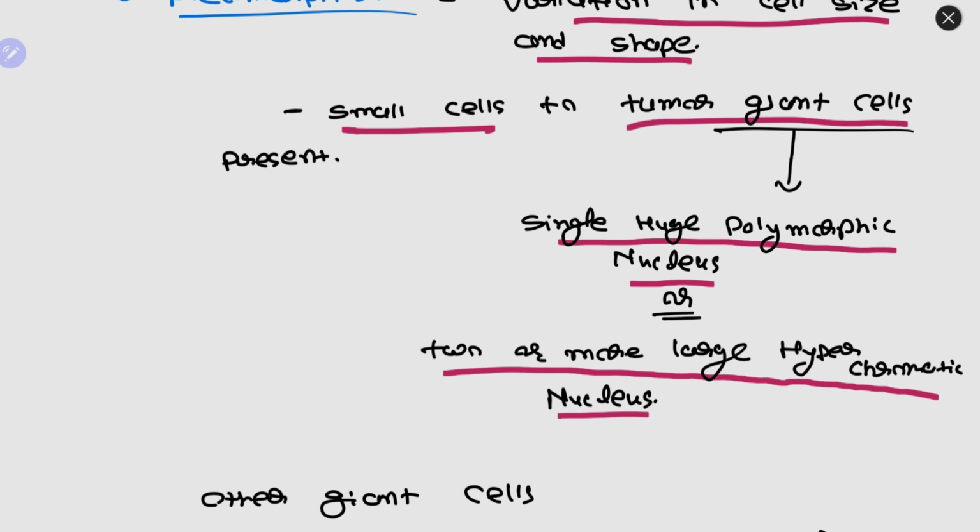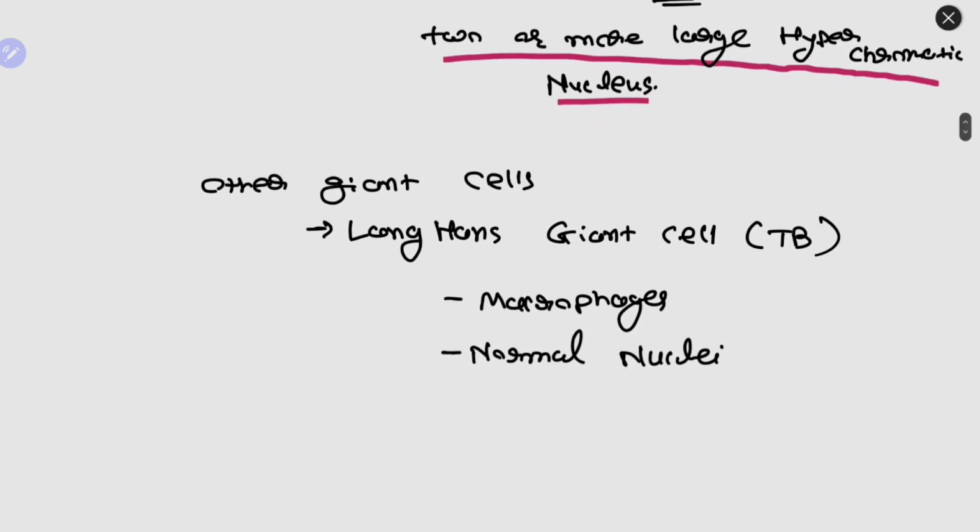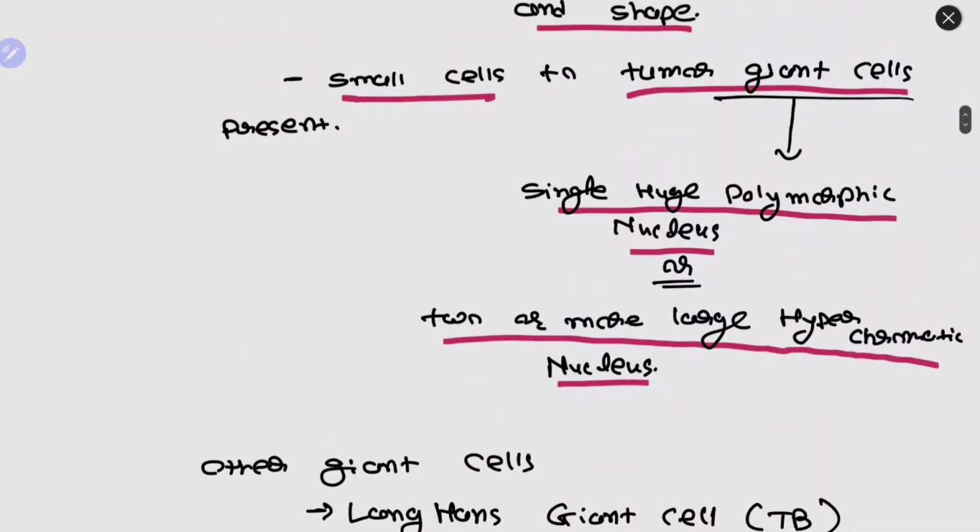As we have mentioned tumor giant cells, you guys must have heard about giant cells elsewhere. Yes guys, you are right. We can remember the most common, most important giant cell as Langhans giant cells, which can be seen in tuberculosis. How will we differentiate between Langhans giant cells and tumor giant cells?